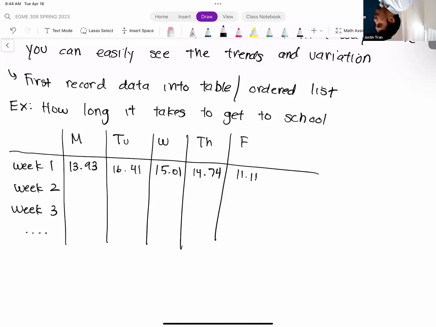All right, so this is usually the first thing that people do. I call it the Microsoft Excel or Google Sheets kind of format. It's very easy to record information in this format.